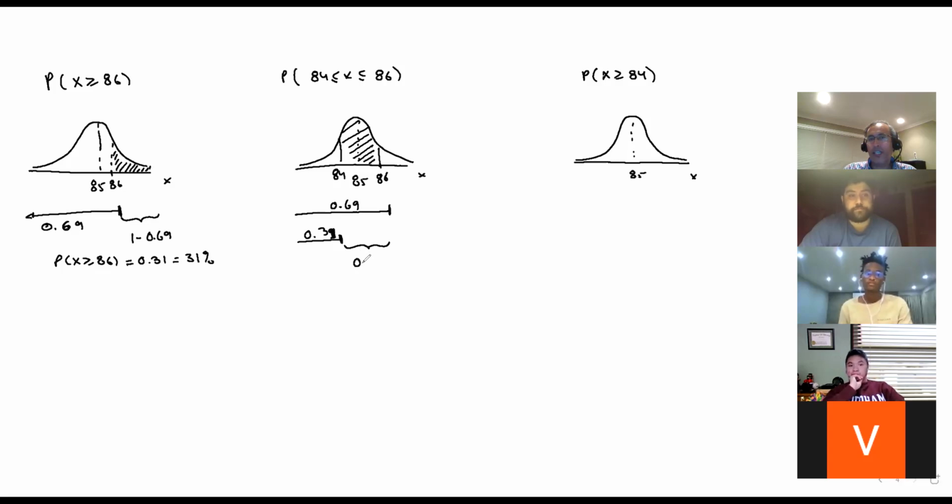Right, it's going to be basically 0.69, this large minus this small. So this is equal to 0.383. And this is then my probability of X between 84 and 86.